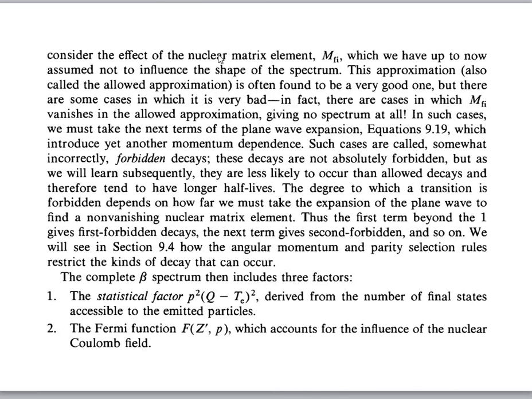So this considers the effect of the nuclear matrix element M_fi, which we have up to now assumed does not influence the shape of the spectrum. This approximation is known as the allowed approximation. It is often found to be very good, but in other cases it is not matching.